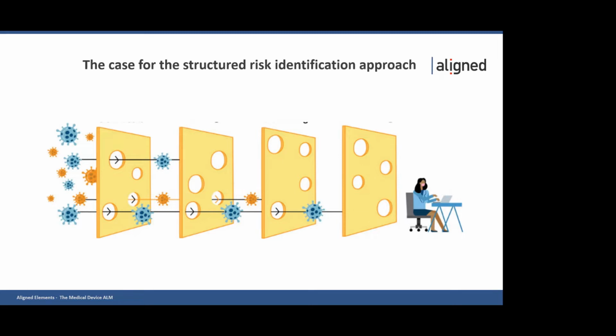And why do I do this? Well, it can be illustrated with a Swiss cheese, using the Swiss cheese idea that if we provide several different angles of looking at something and provide several different barriers or identification methods to find risks, we will probably find more of them and will then be able to build a much safer device.